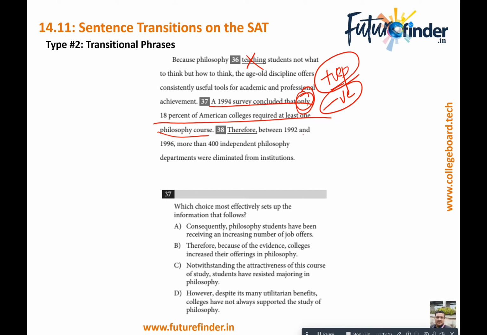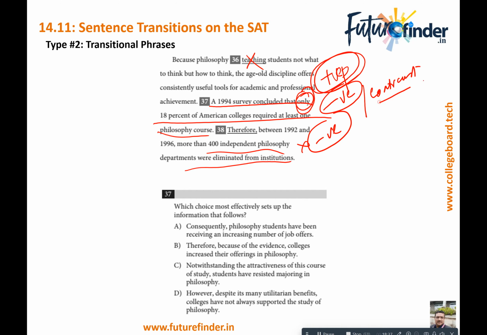Therefore, between 1992 and 1996, more than 400 independent philosophy departments were eliminated. Again, negative, right? So basically, though there are positive things about philosophy, however, something happened. So this is basically a contrasting relationship.